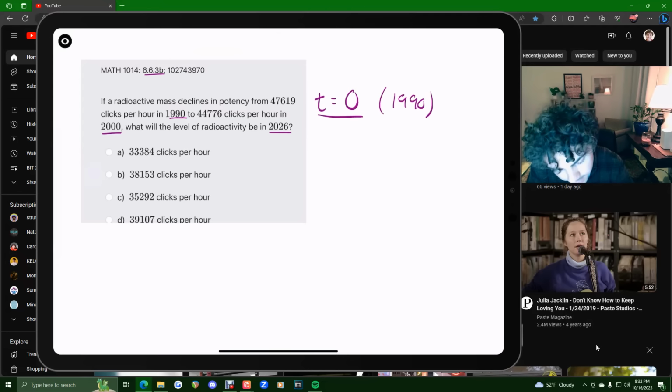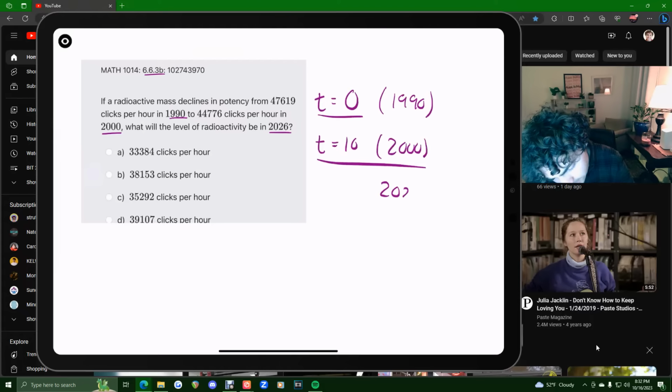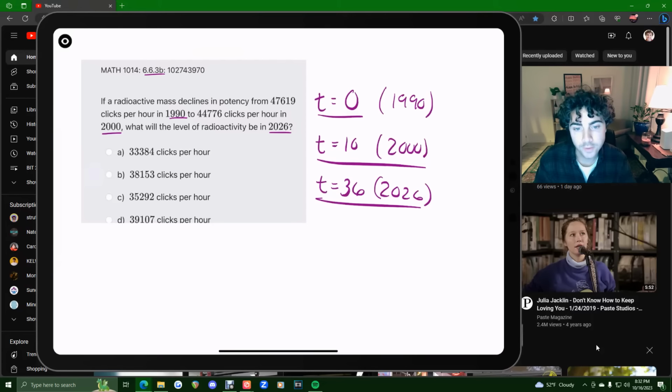So t represents the number of years since 1990. The year 2000 is 10 years since 1990, so t will equal 10. Time 10 will represent the year 2000. Later on, for 2026, we will use the time value of 36 because 2026 is 36 years after 1990.